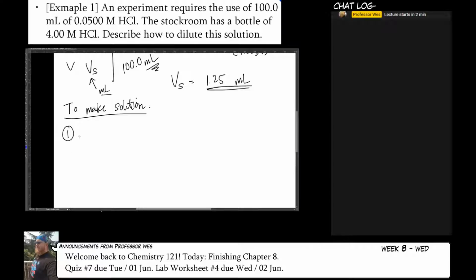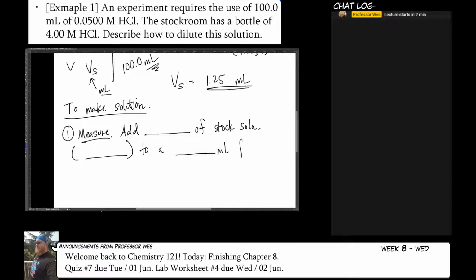The first step is to measure. You're going to add some amount of the stock solution, and then we'll write what that is, to some volume flask or container.